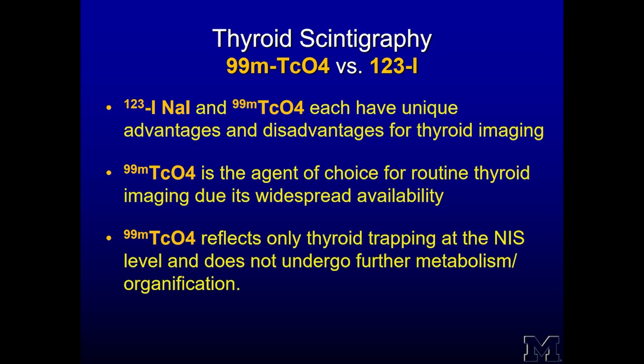It's important to remember, however, that technetium pertechnetate is only a substitute for iodine, and it only reflects thyroid trapping at the level of the sodium iodide symporter expression and does not undergo further metabolism and organification.